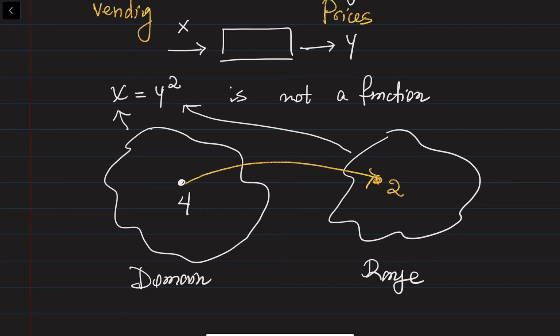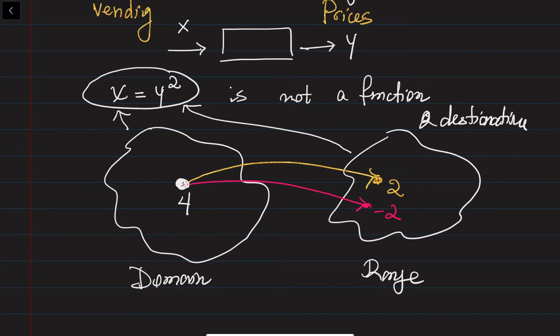If you think of it as a computer, it would be stuck, because you find yourself at 4 and you don't know whether to go to 2 or to minus 2. So this is not a function because you can go to two destinations from the origin, more than one destination.